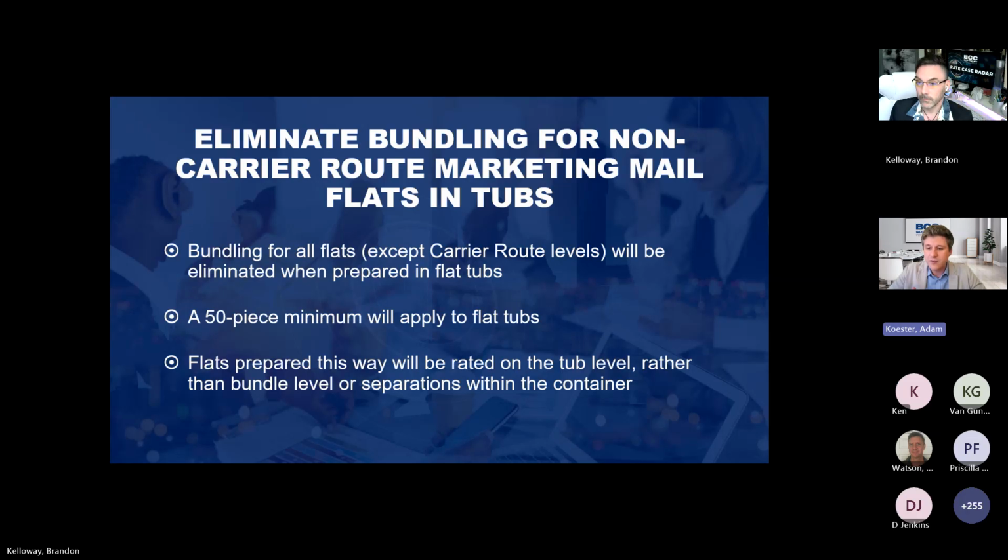You've got a 50-piece minimum on those pieces, or to the bottom of the handholds, which constitutes a full tray. The other thing that's worth noting here, this is just the flat tub, so if you're preparing mail in sacks or bundles on pallets, this is not an impact to what those preparations are doing, but it will start moving that mail through the post office's processing a little bit quicker, with fewer touches on these pieces.